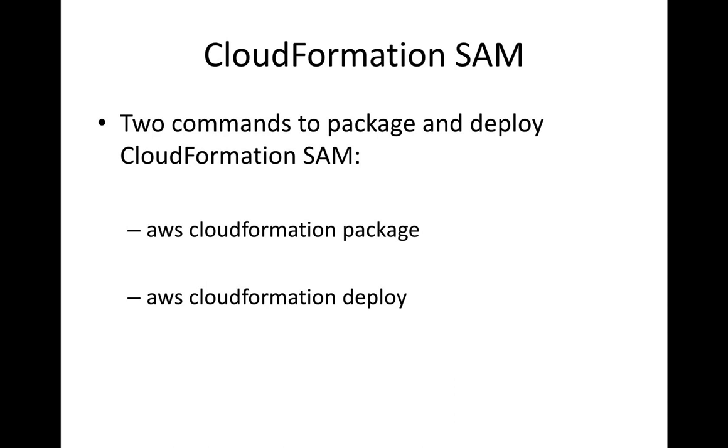First, the AWS CloudFormation package tool will package up all of the Lambda function code that's associated with the template. The Lambda functions, when they're packaged, they're basically just zipped up into archives. And then those archives are uploaded into an S3 bucket.